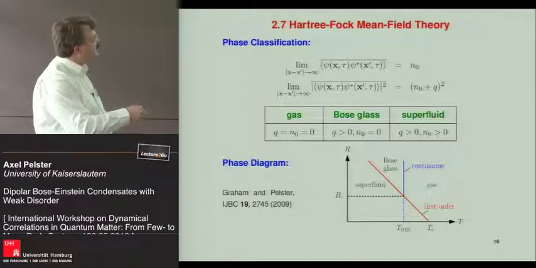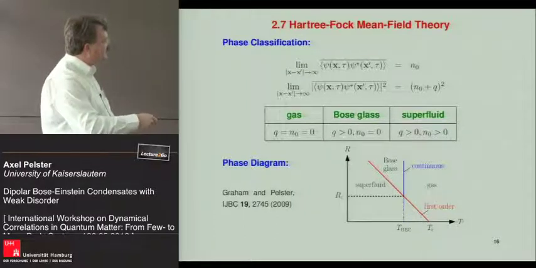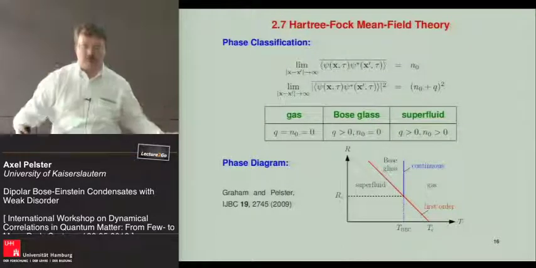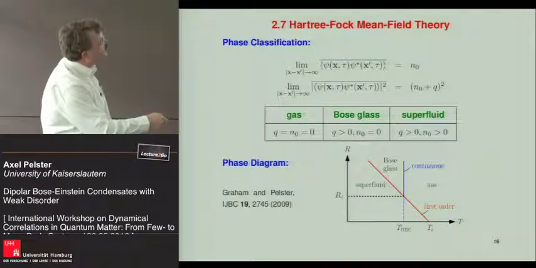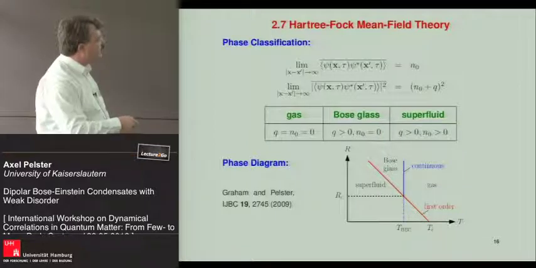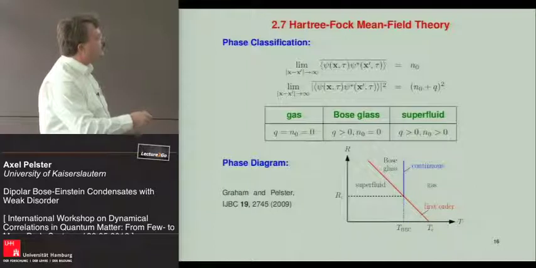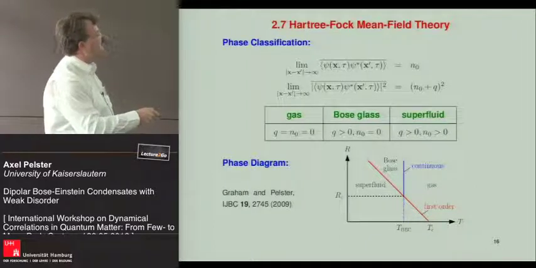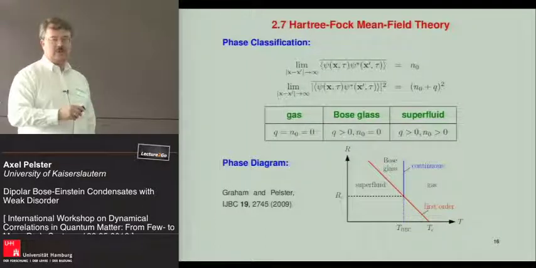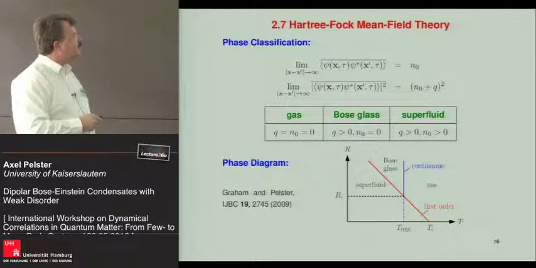But if the disorder strength becomes large enough, beyond this tri-critical value RC, then the gas first goes into the Bose-glass, which means first we have the local droplets, and only when the temperature is then lowered further, one gets the superfluid phase, where, at least according to our Hartree-Fock result, not only a global condensate, but also these tiny droplets coexist. So far for this overview about the dirty boson problem.